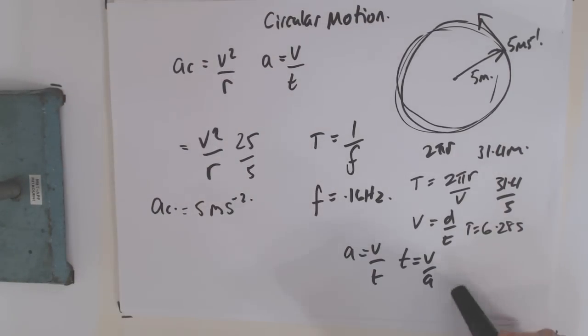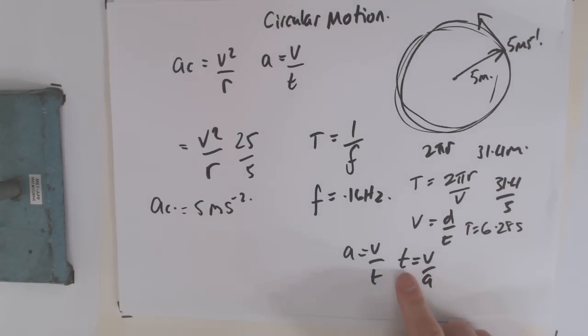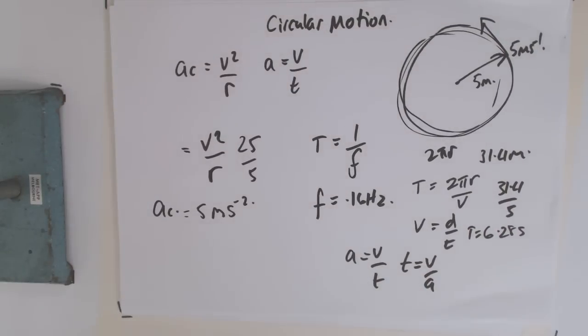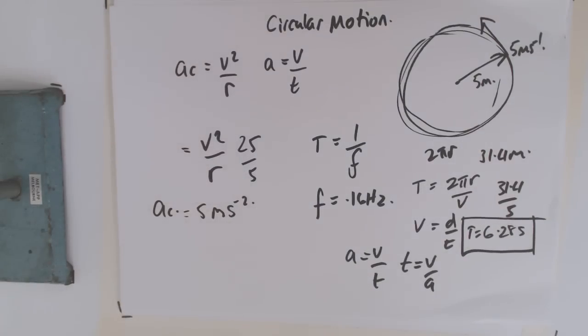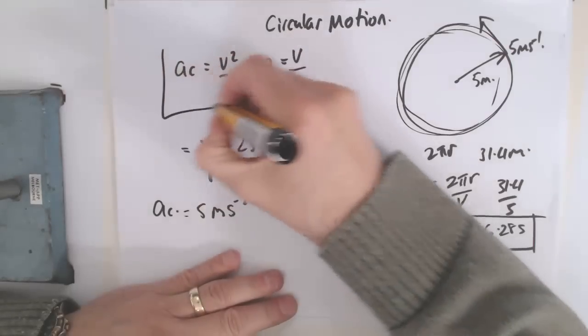Now, if we did this here and we said, oh, okay, I've got my velocity, it's 5, and I've got my acceleration, it's 5, I'd come up with a period of 1 second, right? Which is totally absurd. We worked out that the period was 6.28 seconds. So don't mix up your formulas. If you're going in a circle, your centripetal acceleration is absolutely done with this formula here.